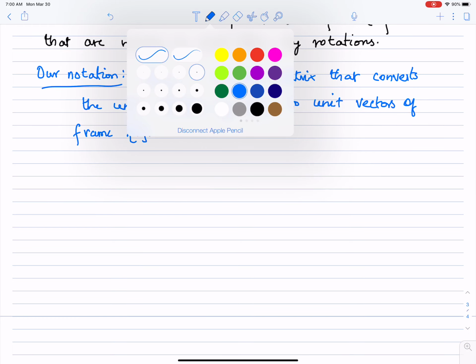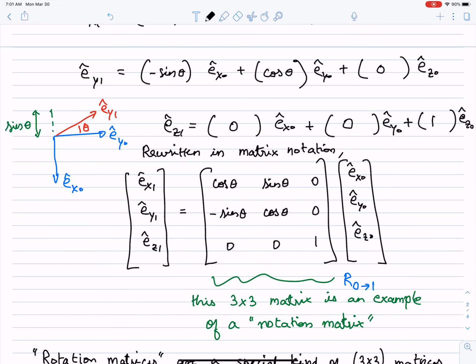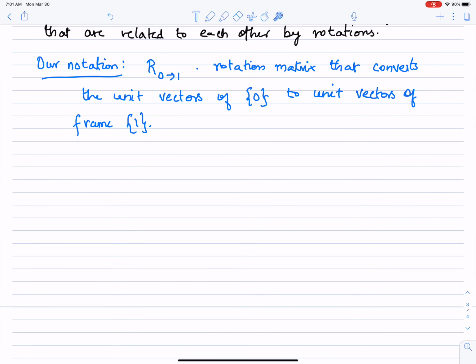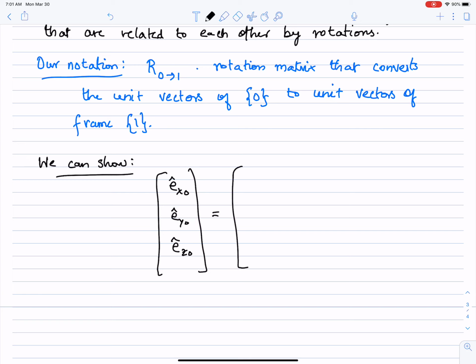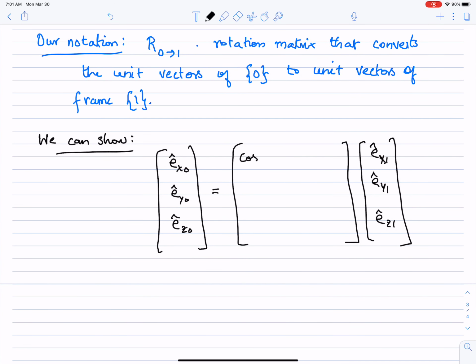Now, by essentially reversing what we did here, reversing the process here, we can show that if you want to write Ex naught, Ey naught, Ez naught on the left hand side with some matrix here, and Ex1, Ey1, Ez1 here on the right hand side, then it turns out you can do cosine theta, minus sine theta, 0, sine theta, cosine theta, 0, 0, 0, 1.